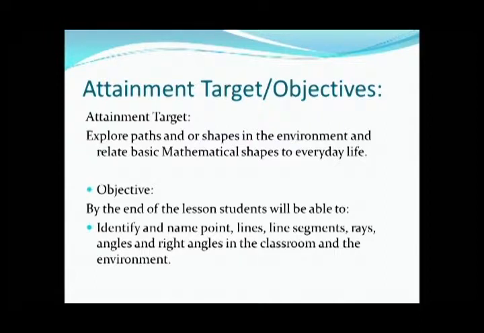What's the main objective for today? By the end of this lesson, we should be able to identify and name points, lines, line segments, rays, angles and right angles in our classroom and also in the wider environment. Let's take a closer look at these things.